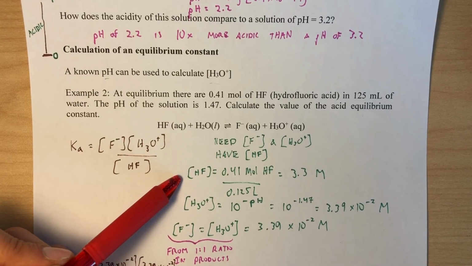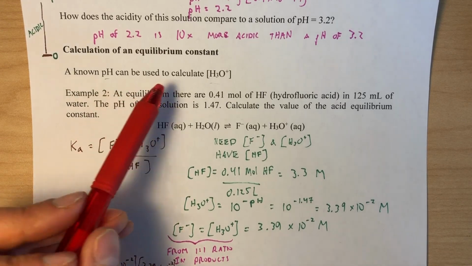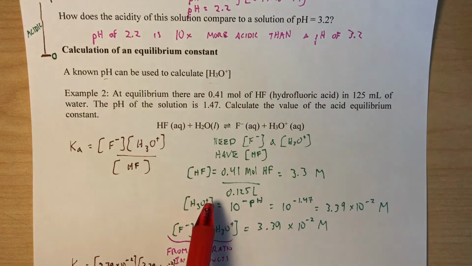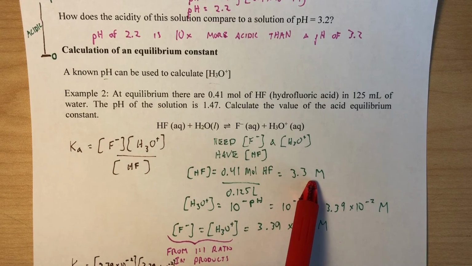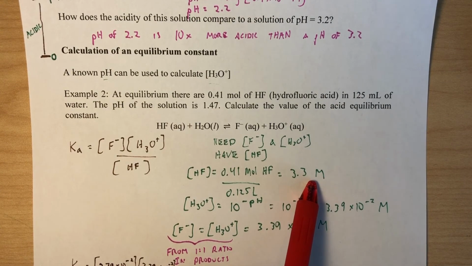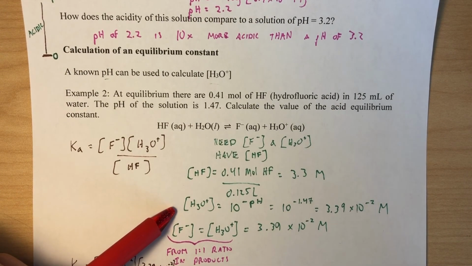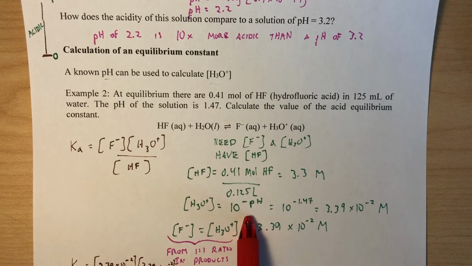So our first step is to figure out what our HF concentration is. That is given to us in the problem. We have moles, we have liters, so we can take 0.41 moles of HF divided by the 0.125 liters of solution, and we determine that our hydrofluoric acid concentration is 3.3 molar. Our hydronium concentration is determined by 10 to the negative pH.